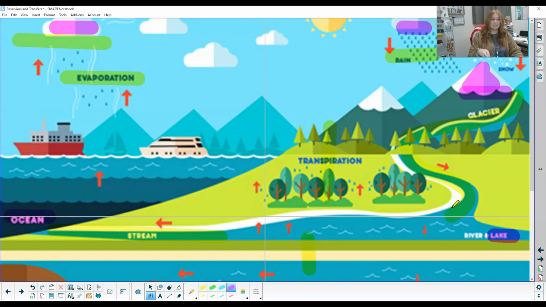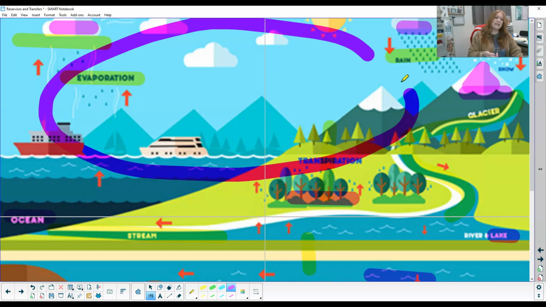So transfer, and then we have our reservoir. This groundwater here is a reservoir. This vegetation is a reservoir. All of this air has vapor in it. That is a reservoir. So tons of reservoirs, tons of transfers that you're going to find in the water cycle.